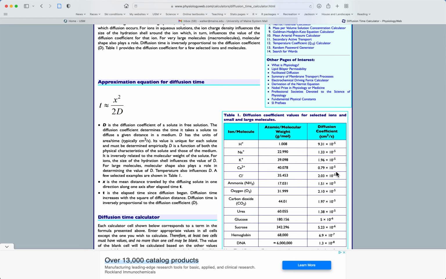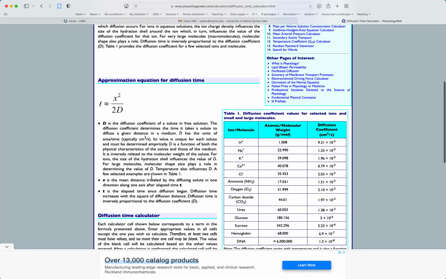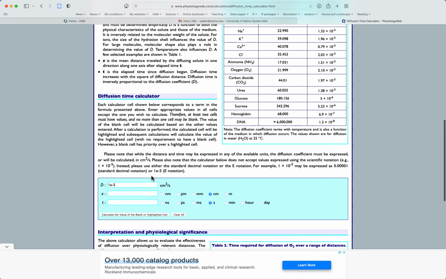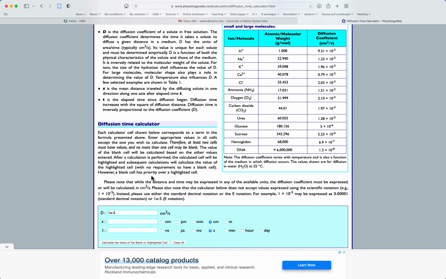So here we're on the order of magnitude of 10 to the negative fifth, 10 times smaller, 100 times smaller, 1,000 times smaller for DNA. So here's our equation, and here's our calculator. Let's compute the diffusion time, that is, the average time for an infinite number of molecules.